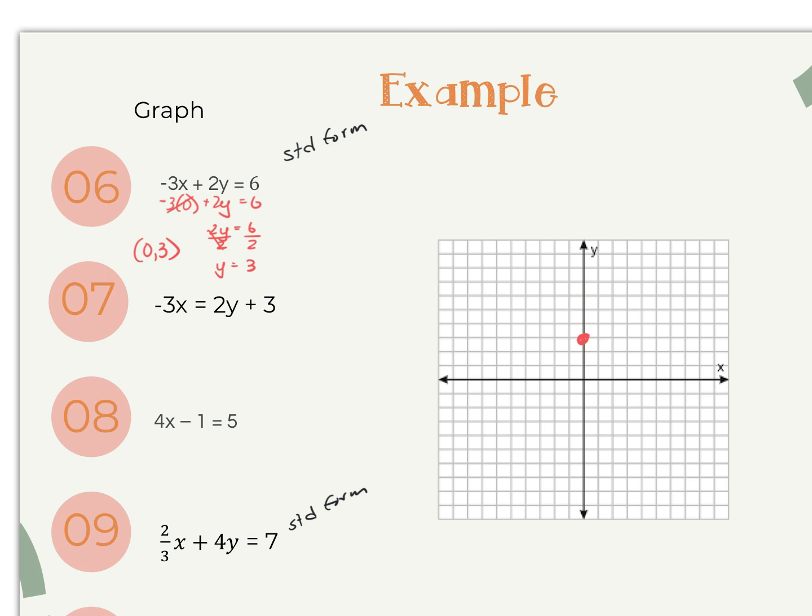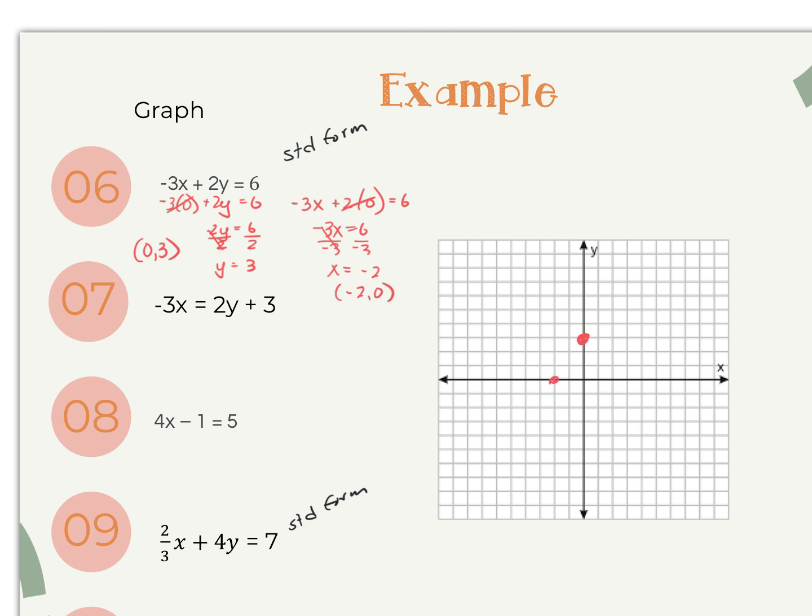We also talked about then to find the x-intercept, you make y equal to 0. So now I'm going to find x by making y equal to 0. So that'll cancel, and I'll get minus 3x is 6. And when I divide by negative 3, I get x equals negative 2. So when x is negative 2, y is 0.